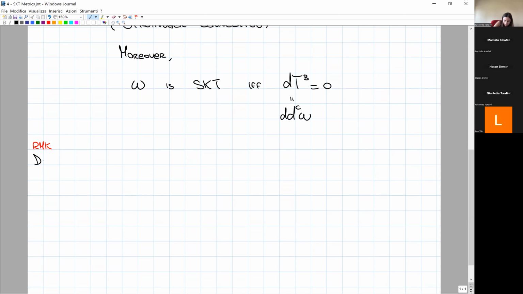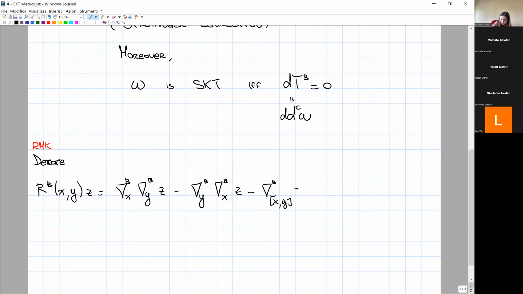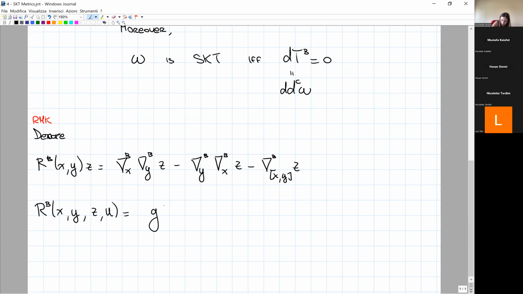We will denote R^B(X, Y)Z as nabla^B_X nabla^B_Y Z minus nabla^B_Y nabla^B_X Z minus nabla^B of the bracket [X, Y] applied to Z, and R^B(X, Y, Z, U), with four entries, is g(R^B(X, Y)Z, U), defined as above.